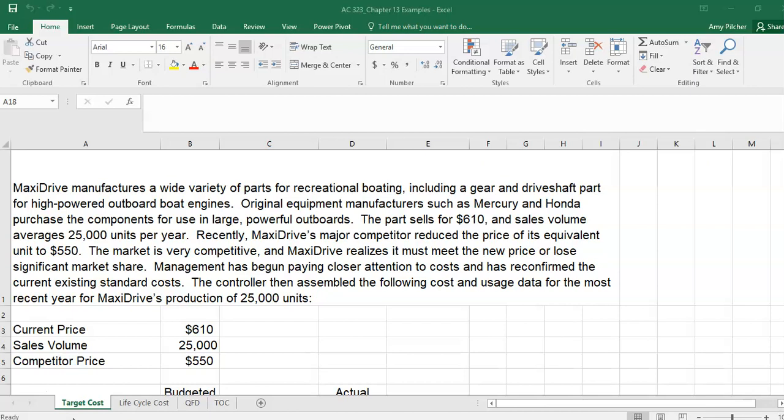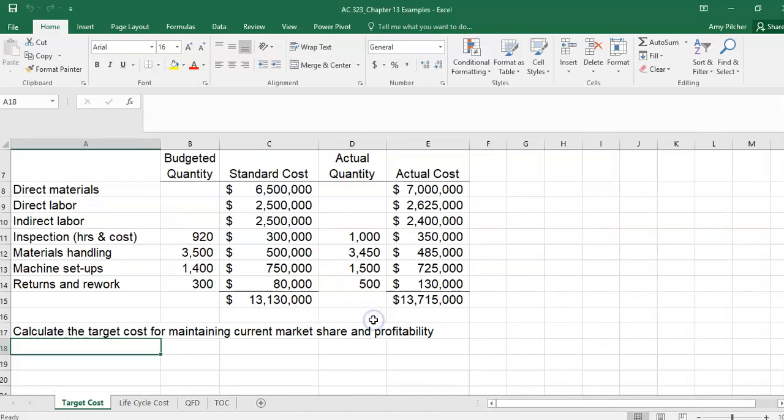Because we're in a very competitive market, unless we meet their new price, we'll lose market share. So we've decided to drop the price, but we would like to still keep our current profit. So what is the target cost for maintaining our current market share and profitability?